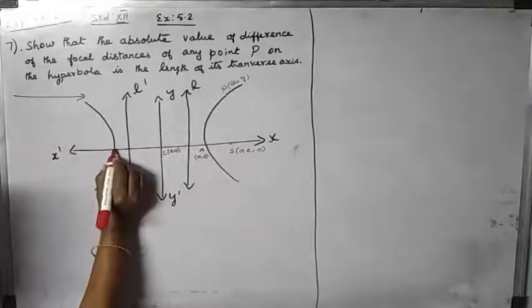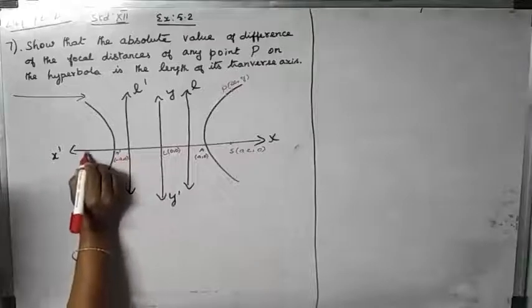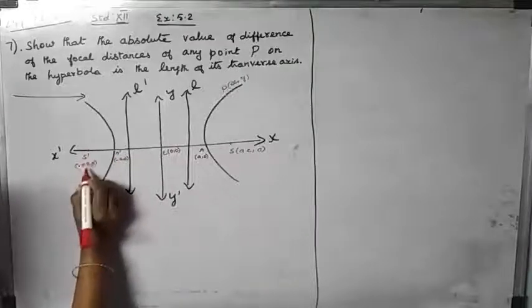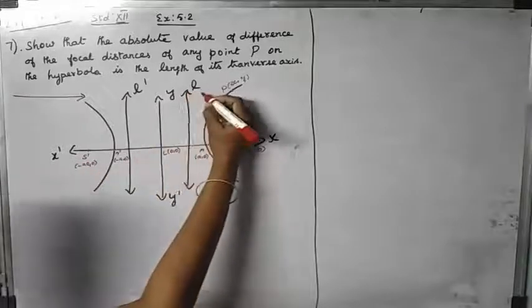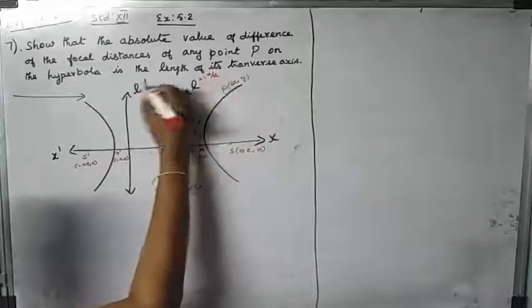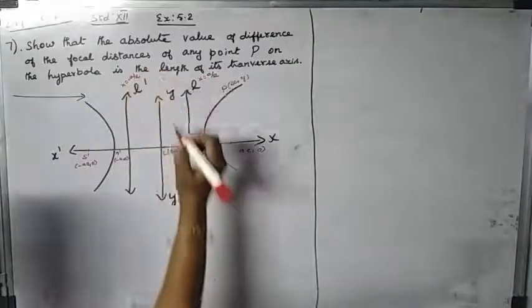Here it is A dash, minus a comma 0, and this is S dash, minus ae comma 0. And we know the directrix equation is x is equal to a by e. Here it is x is equal to minus a by e.